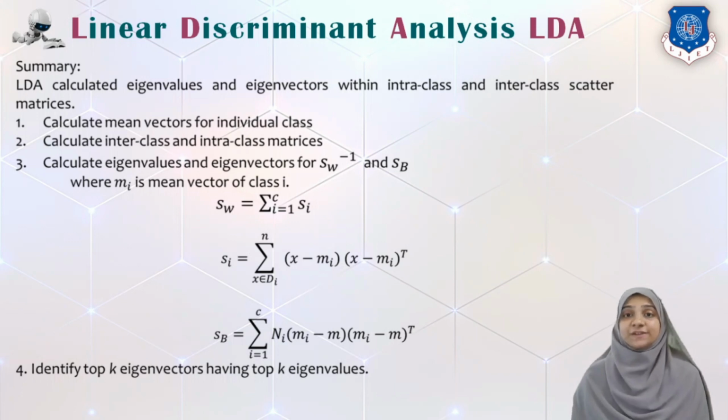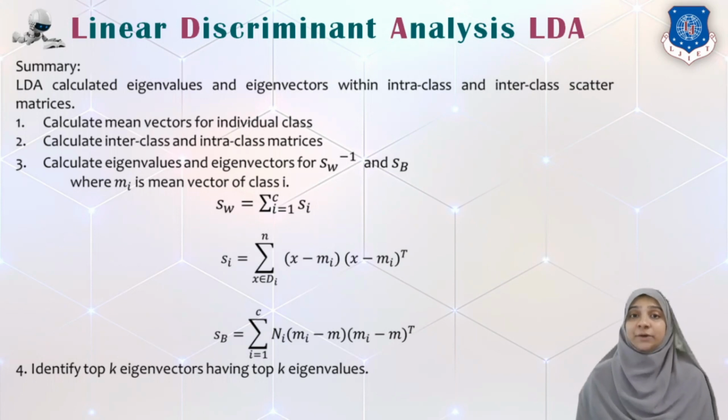S of W is calculated as the summation from i equal to 1 up to the number of classes or groups C of Si. And Si is the summation over data points X which belong to a particular group, that is Di, the data set having a particular group, from 1 to n data points.